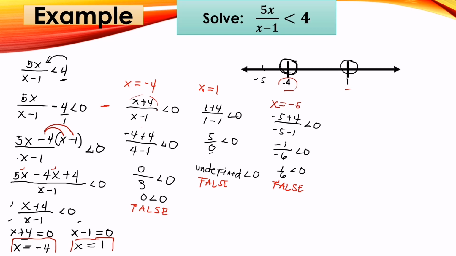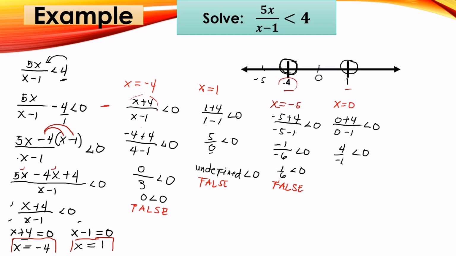How about the interval between negative 4 and 1? For example, 0. So, x is equal to 0. So, substitute 0 plus 4 over 0 minus 1 is less than 0. Then 4 over negative 1 is less than 0.